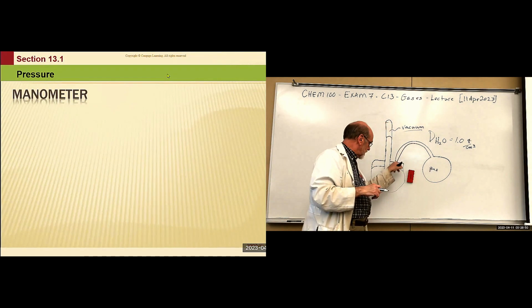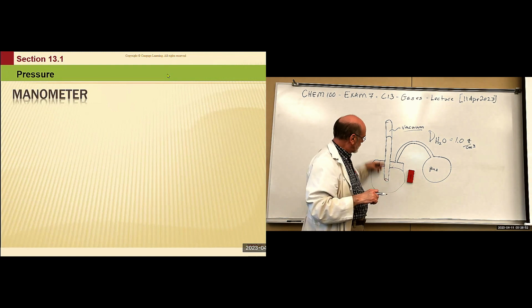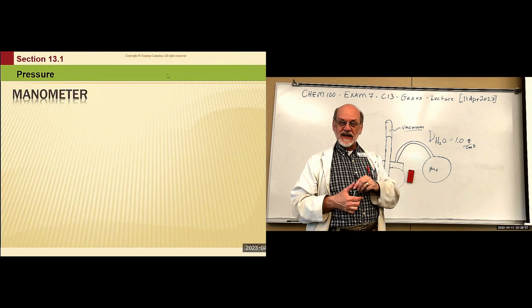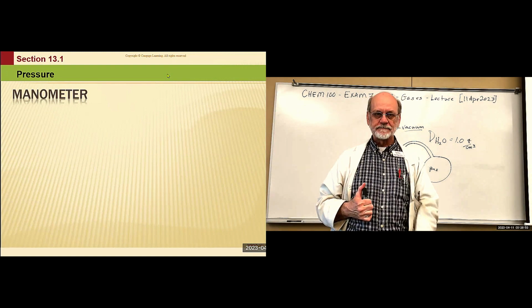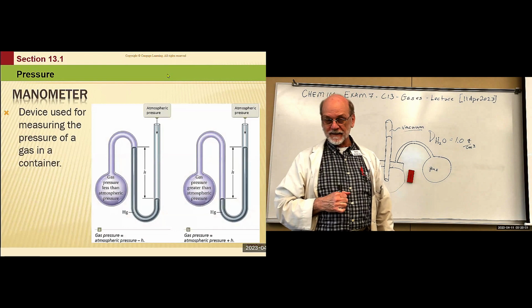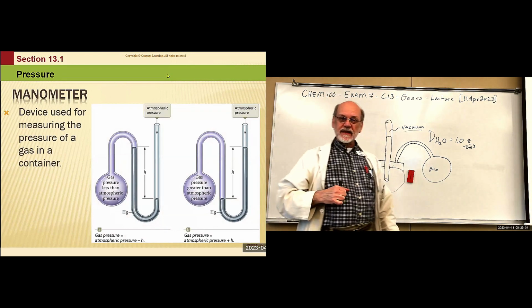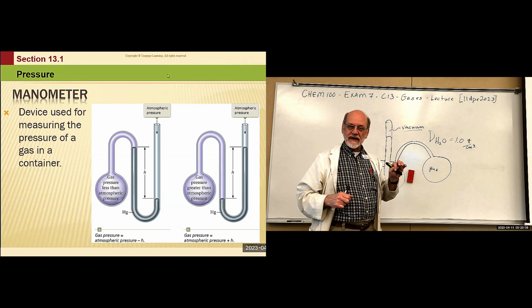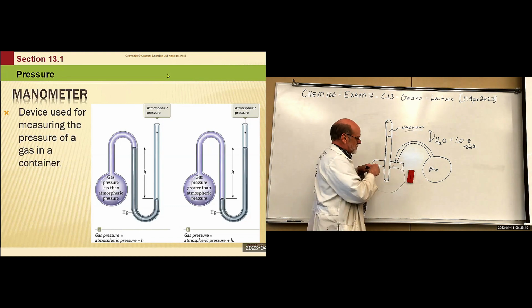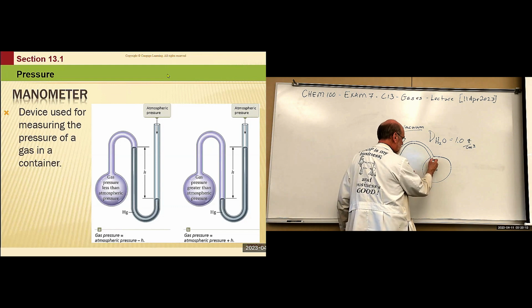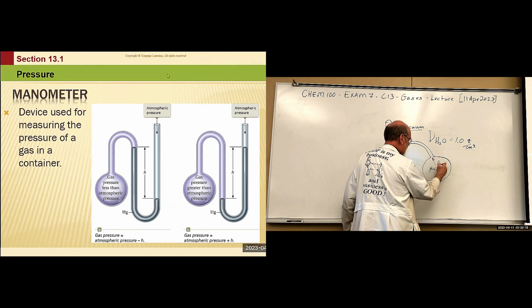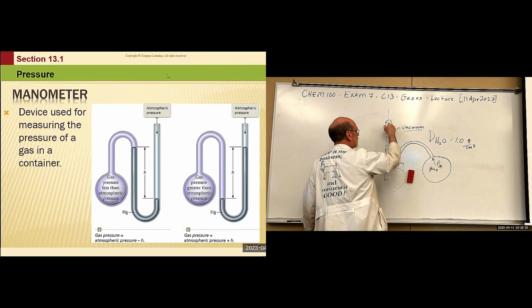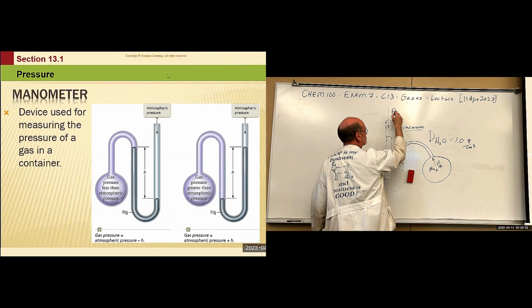It's exerting pressure on the surface of the mercury, and you can measure the pressure of the gas inside that device. That's called a manometer. If this is open to the atmosphere, now you've got the pressure of the gas in here, and then you've got barometric pressure here.